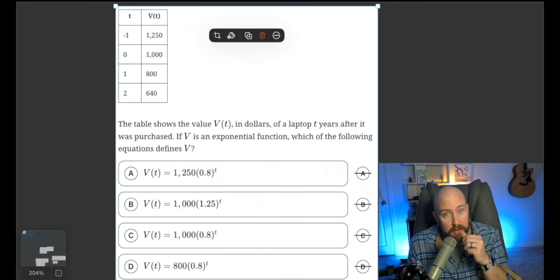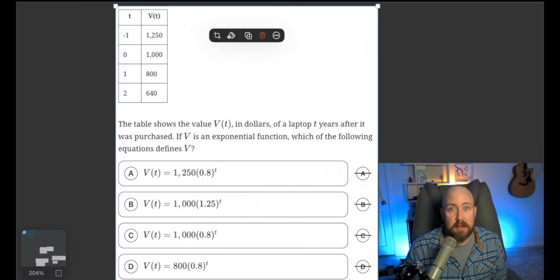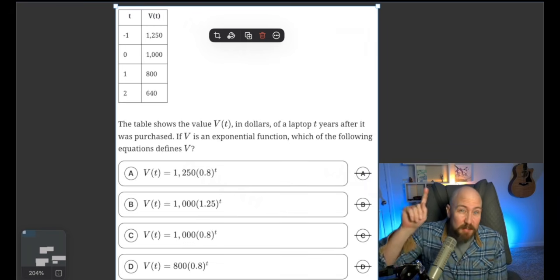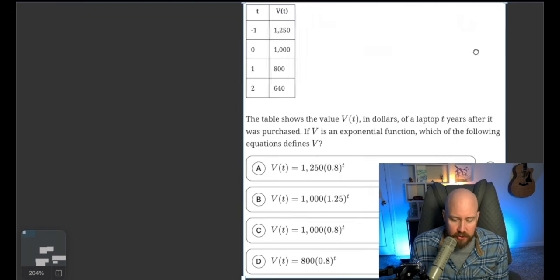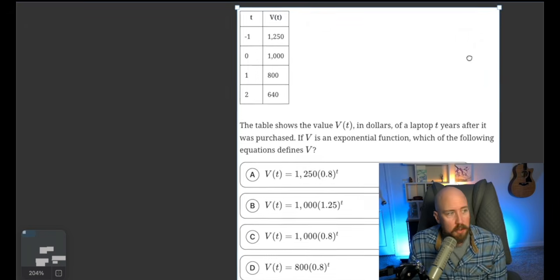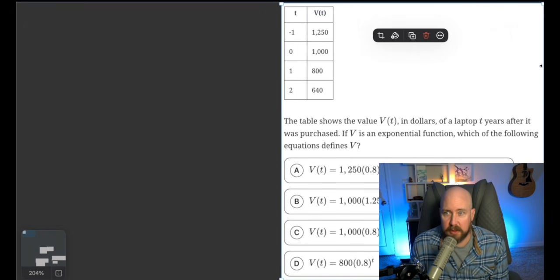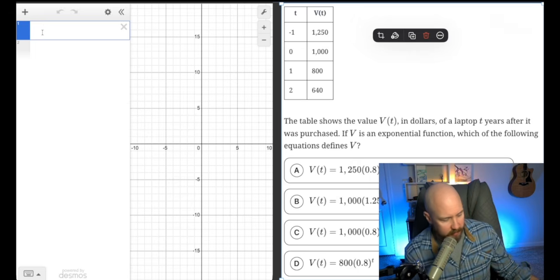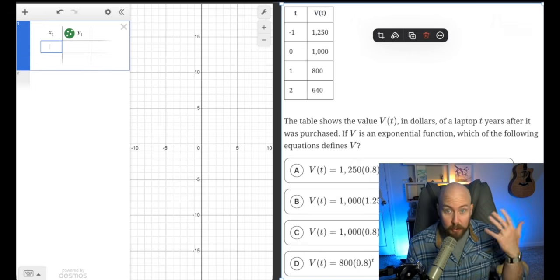So the last thing I wanted to go over with you guys was actually Desmos. And Desmos comes in really handy for exponential functions, specifically when we're dealing with tables. Obviously, you could use it for just general calculating, but let me show you how it can actually help us get an equation for this by using tables. So in Desmos, you're going to literally write the word table, and then a table is going to pop up, and then you put in your points.